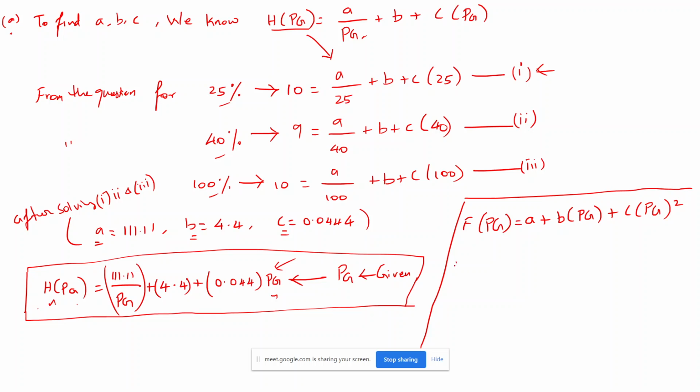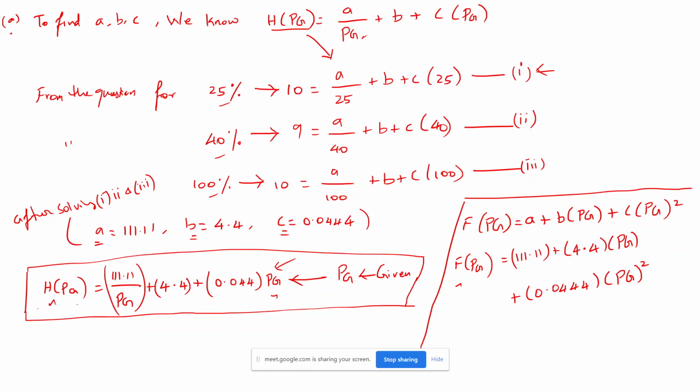So this is for F. So I can write F(Pg) is equal to 111.11 plus 4.4 Pg plus C is 0.0444 Pg square. So if you want to know the input energy rate for any given Pg, if you are solving this equation, I can find out this.